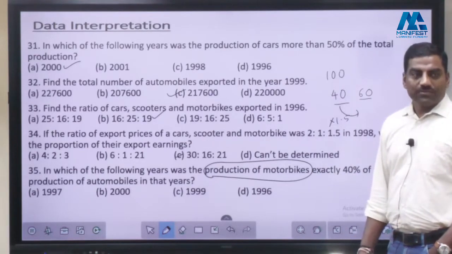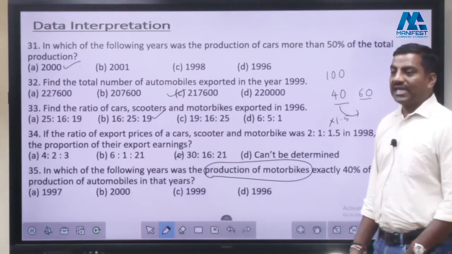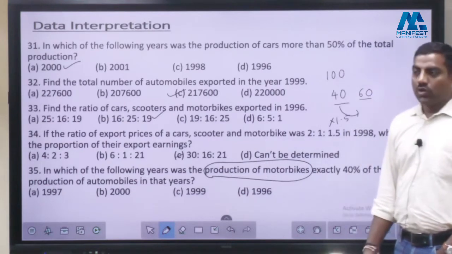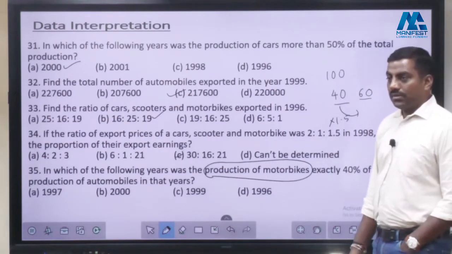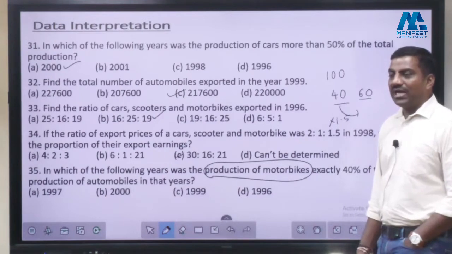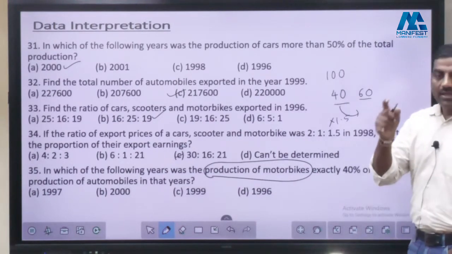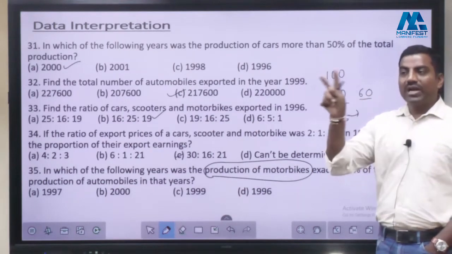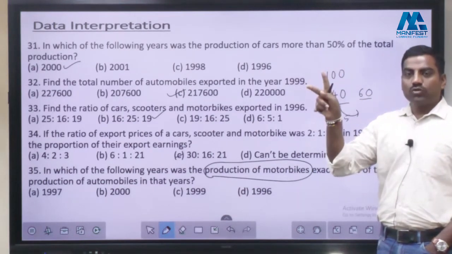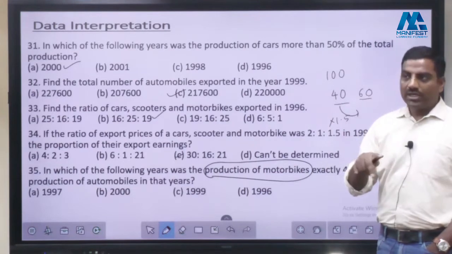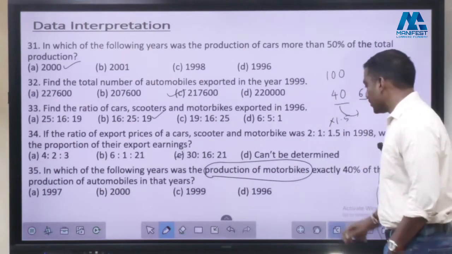If the motorbikes number is 40, the other two, scooters and cars, should be together 60. So, scooters and cars together should be 1.5 times of motorbikes, yes or no? So, that is our understanding. Look at the motorbikes and look at the sum of the other two. The sum of the other two should be 1.5 times of the motorbikes.